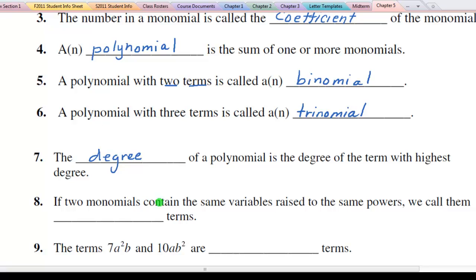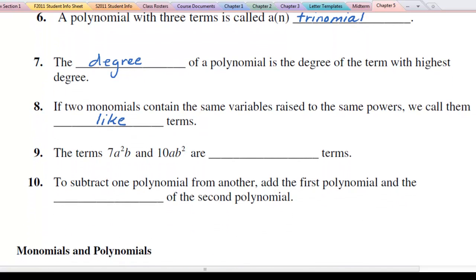If two monomials contain the same variables raised to the same powers, we call them like terms. And those are the monomials that we can add and subtract. The terms 7a squared b and 10ab squared are not like terms.